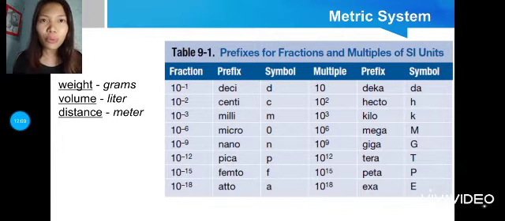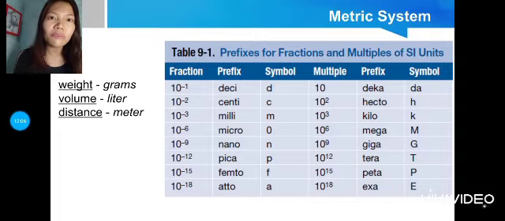For example, for weight, we are using a unit of grams. For volume, we are using a unit of liter. For distance, we are using meter. So just add the prefix to the unit, like for example, decigram, centigram, milligram, microgram, nanogram.